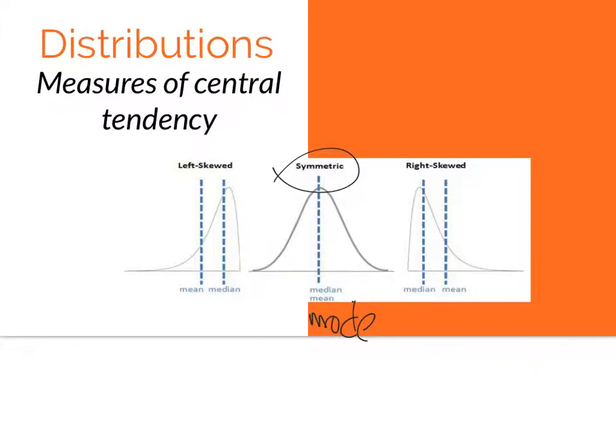In a normal distribution, the mode, the mean, and the median are going to be the exact same score. So if every student in the U.S. took this test, and the average is 50, that would be a very difficult test. But if that's the mean, then that's also the median, and that's also the mode. So in normal distributions, the 3 are equivalent.